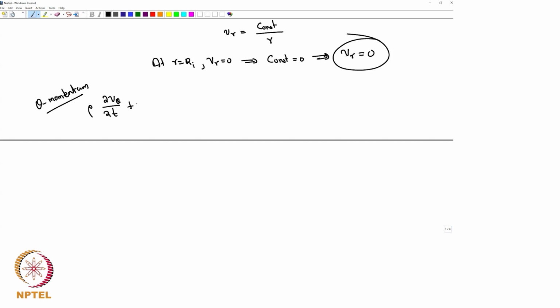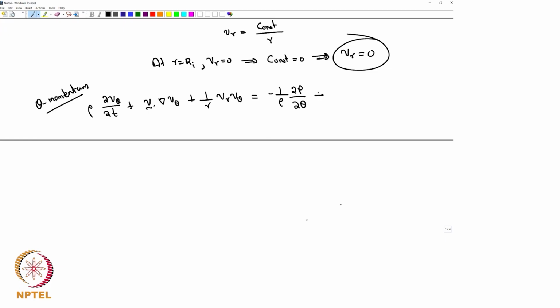We start by writing down the theta momentum equation. The unsteady term is rho times dou v theta by dou t, and then we have the convective term, which is v dot grad v theta plus 1 over r Vr v theta. Again, you can look at this in any standard textbook.